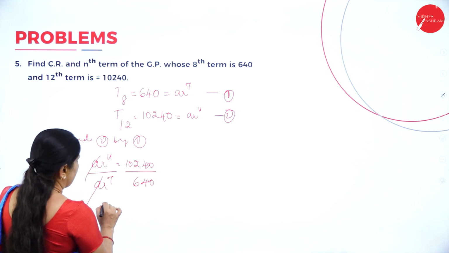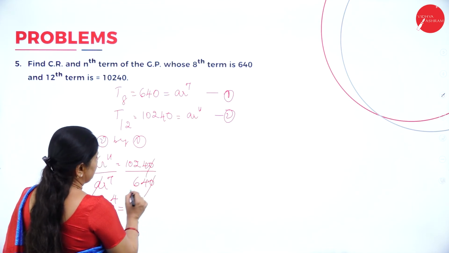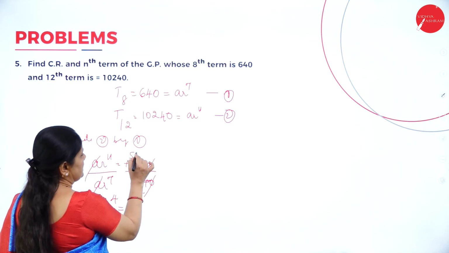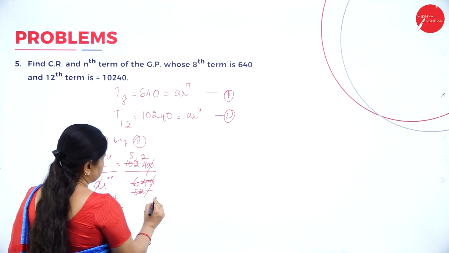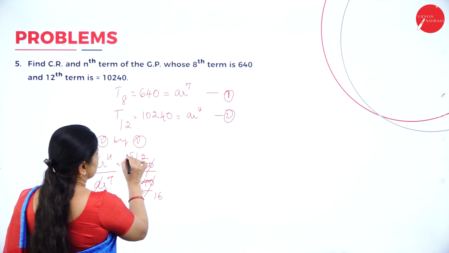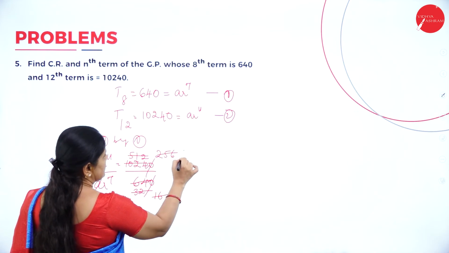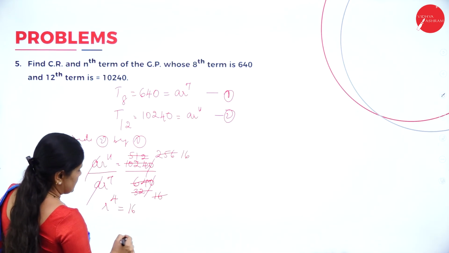So R to the power 4 equals, so we simplify this. 2 1s are 2, 2 2s are 4, 2 5s are 10, 2 6s are 16. So R to the power 4 equals 16.